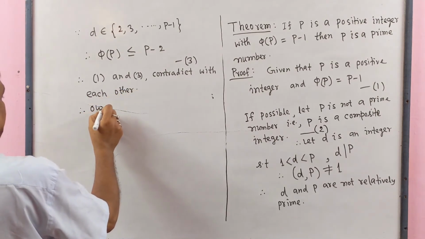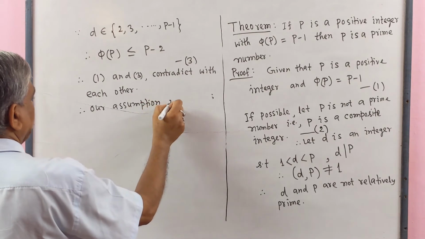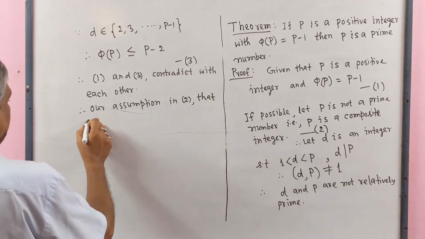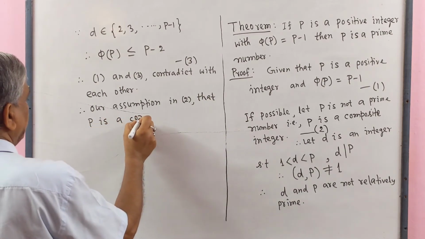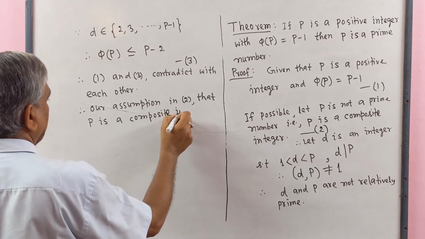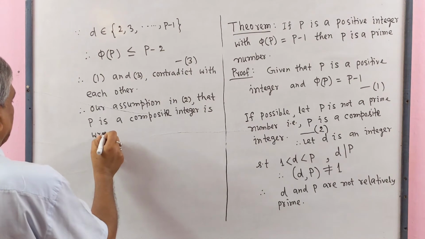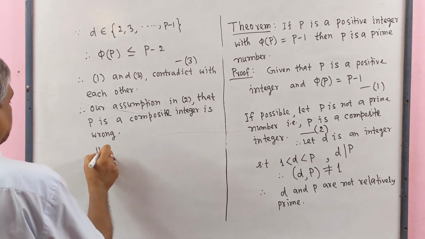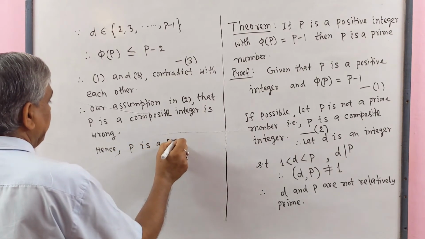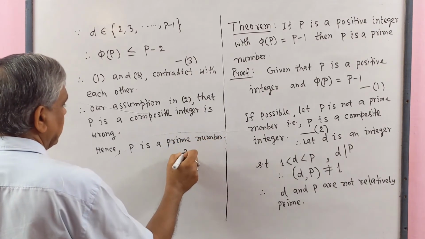Therefore, our assumption that p is a composite integer is wrong. Hence, p is a prime number. Proved.